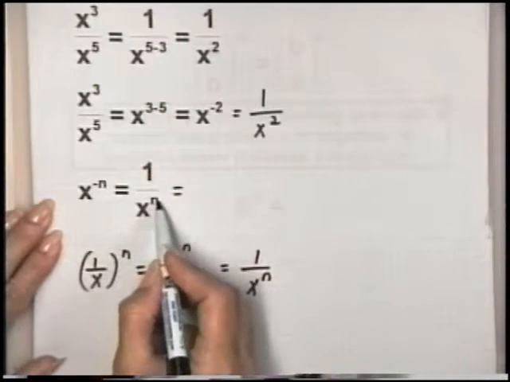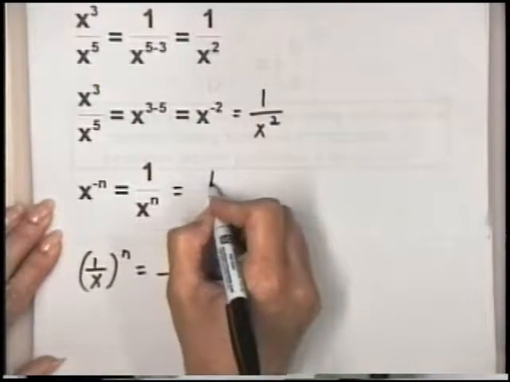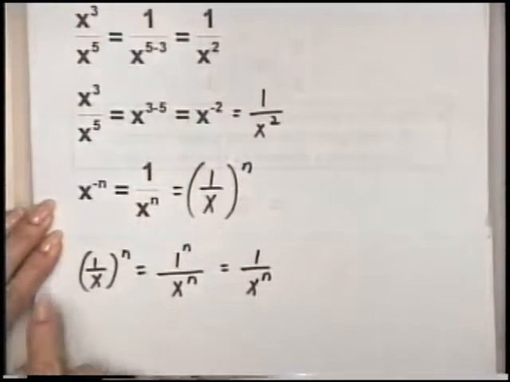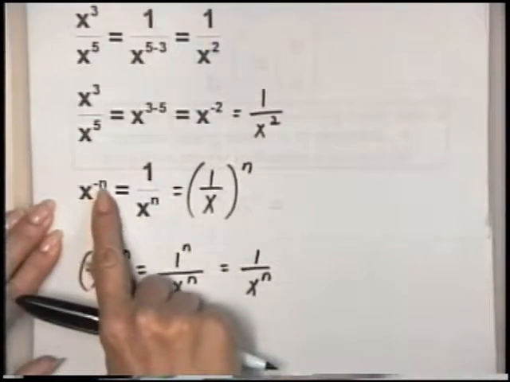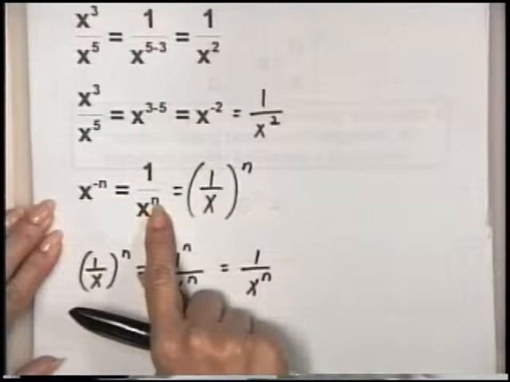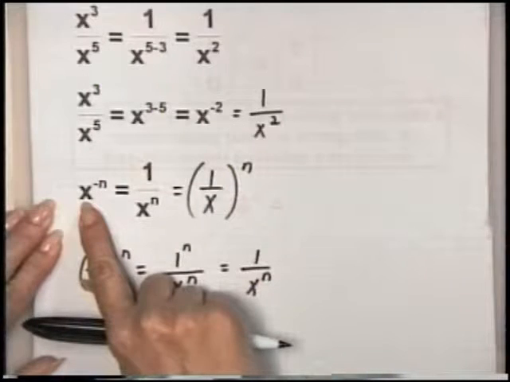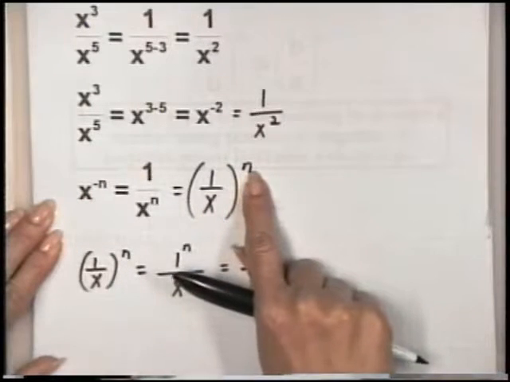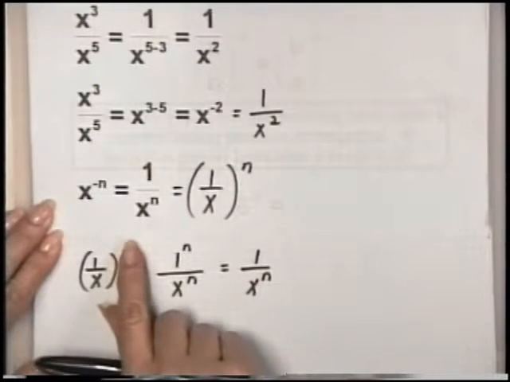Notice, x to the negative n power is equal to 1 over x to the nth power, or we can take the reciprocal of x. The reciprocal of x is 1 over x and raise it to the positive n power.